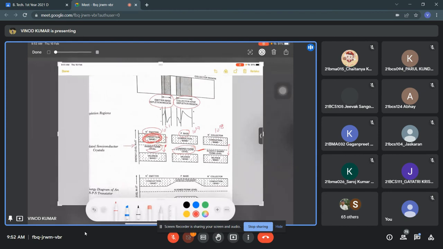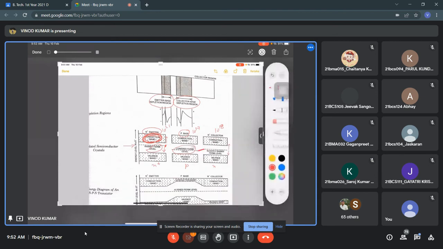Okay, but when we combine all these three regions n p n, suppose what is going to happen? हम ऐसे नहीं बोल सकते ना that this energy level is going to align actually. This one, this is going to be aligned actually, because below this all the energy states are occupied, and above this all the states are unoccupied.